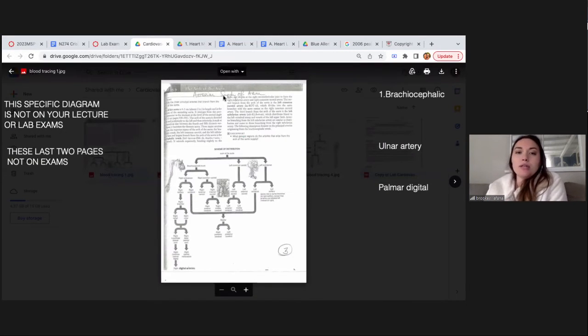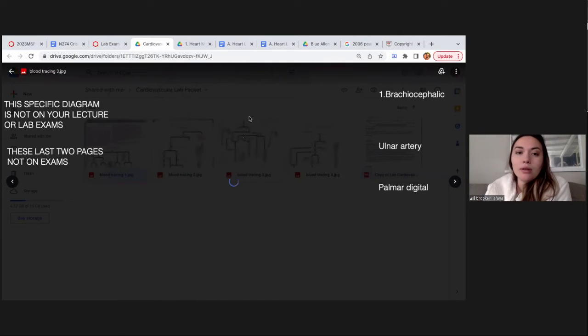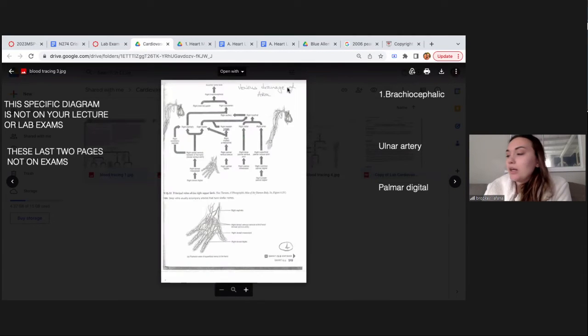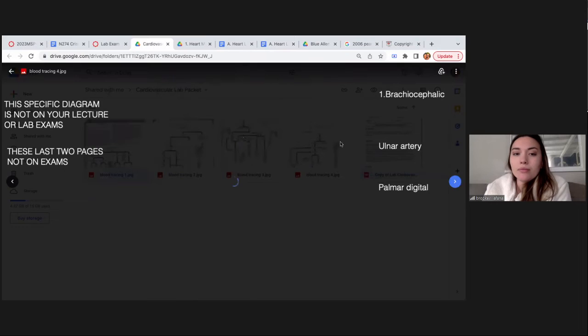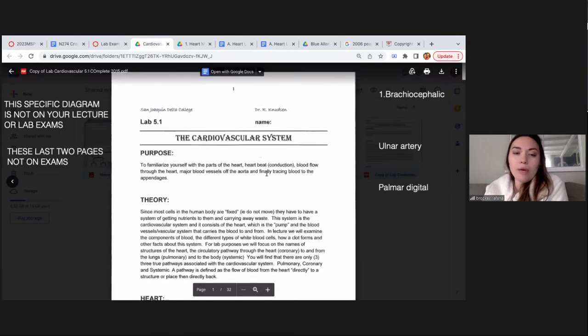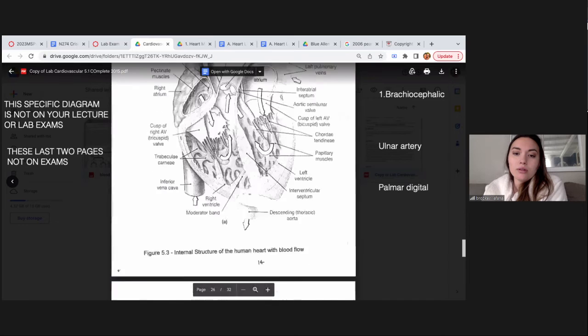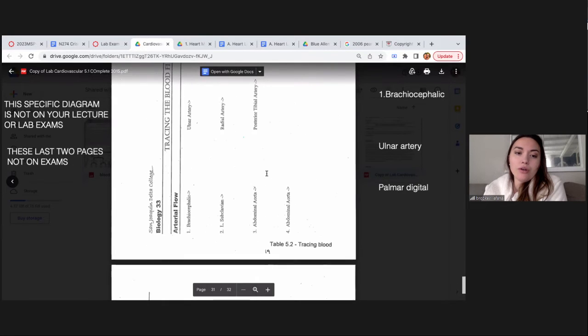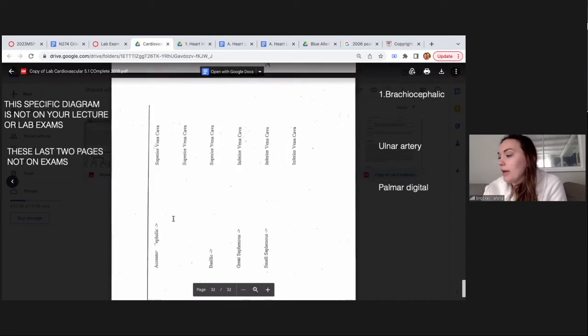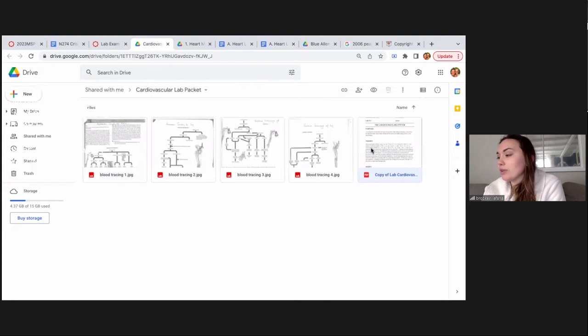Do you guys see how it says arterial supply of the arm, arterial supply of the leg, venous drainage of the arm, venous drainage of the leg? Is everybody clear on that? So on those last two pages, when it said arterial flow and venous flow, we go to these pages to fill it out.